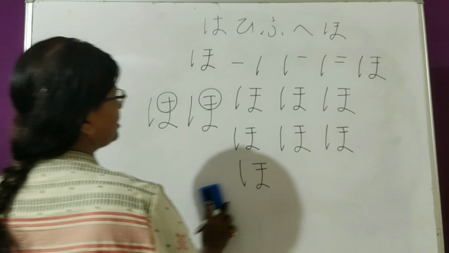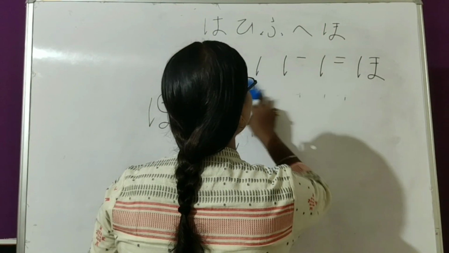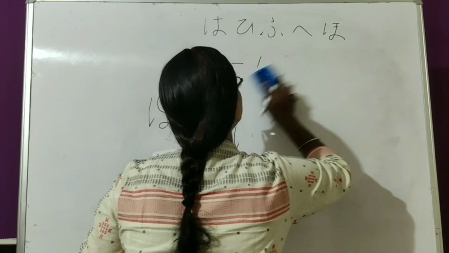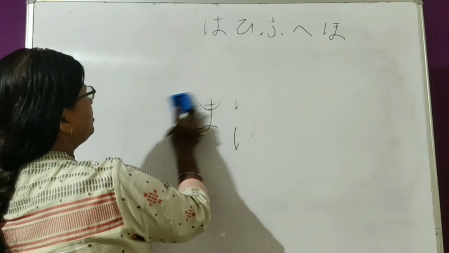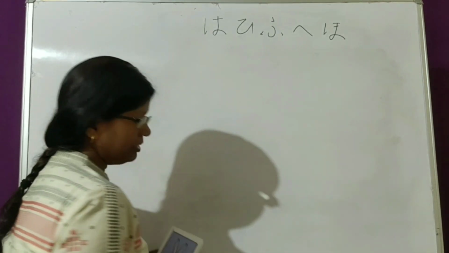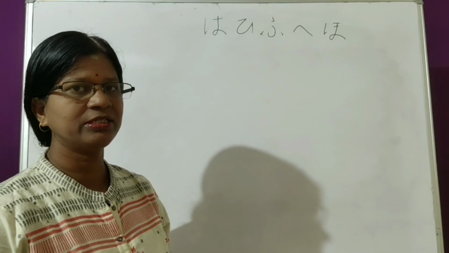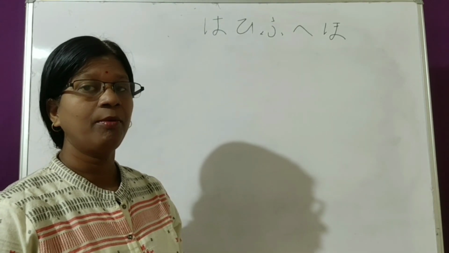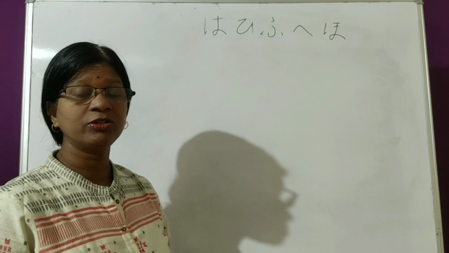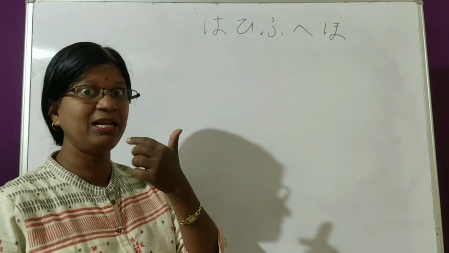So my friends, today we learn ha, hi, fu, he, ho. And in this row we also learn the alphabets with voice mark. And here we are going to learn a new voice mark, that is, you can say handakuten or maru. Or you can also say plosive mark, because the pronunciation we will do with lips.